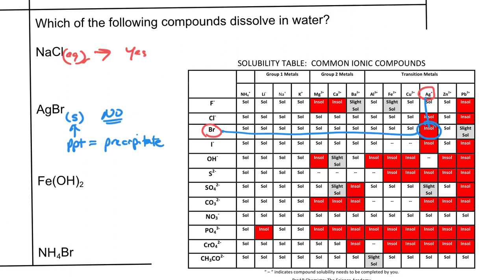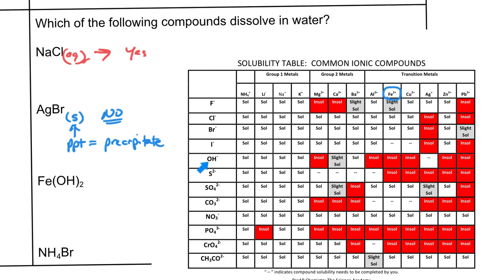Let's go ahead and take a look at the next compound, and let's go ahead and reset the solubility table. And so here we've got that. And so now the third compound is Fe(OH)2. Let's start with the iron. That's going to be the cation, so we're going to look at the very top. We'll look for iron, and we see it right there. Let's go ahead and circle that. So iron. The next part of the compound is OH.